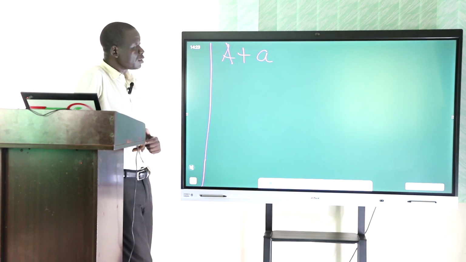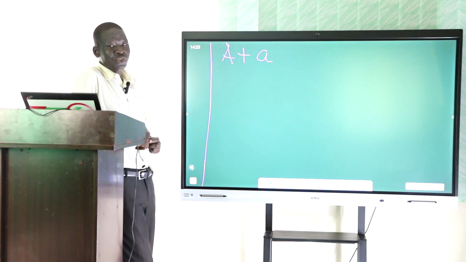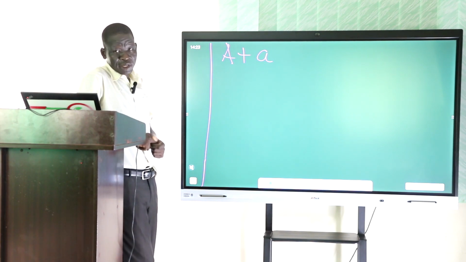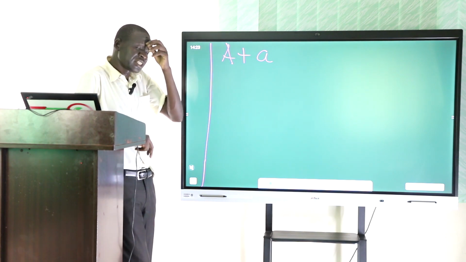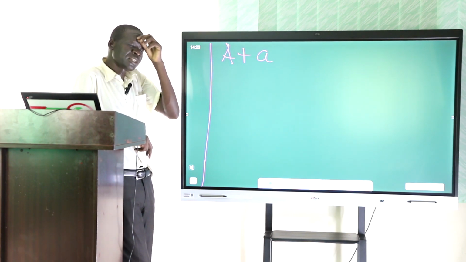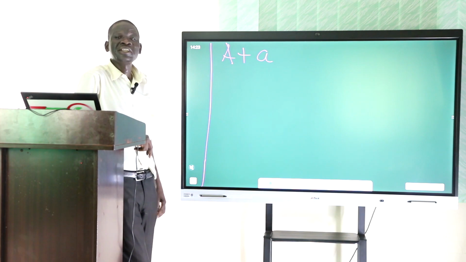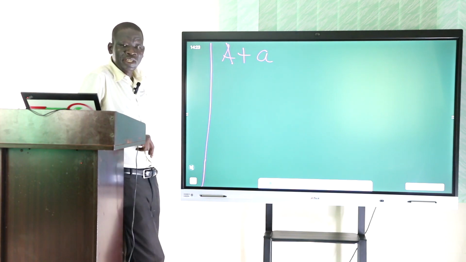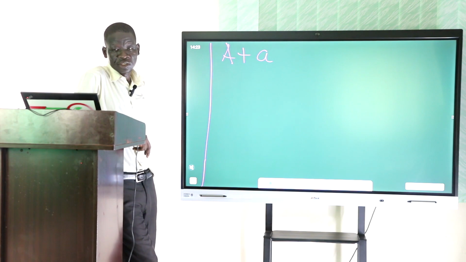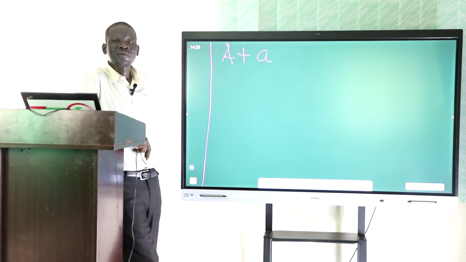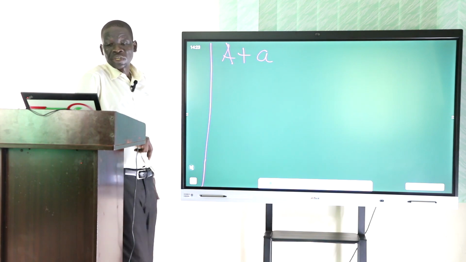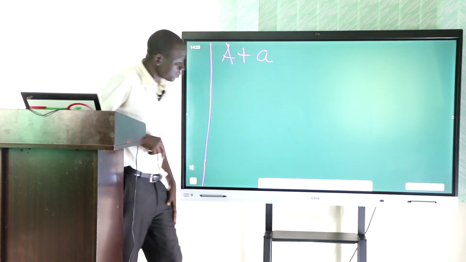When we are removing brackets in a given expression, you have to multiply. For example, when the term outside is a constant and the term inside the bracket is a variable, you will multiply the variable by the constant. So the process of removing the brackets is by multiplying. So let us look at an example.